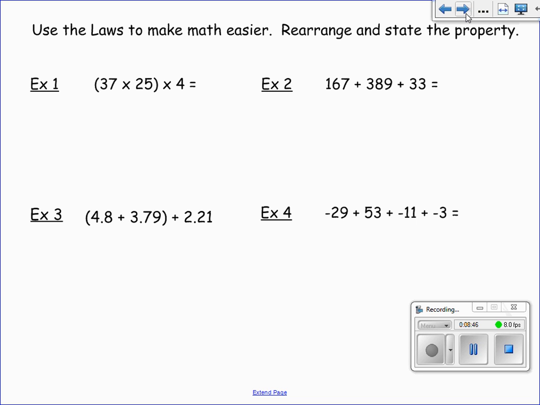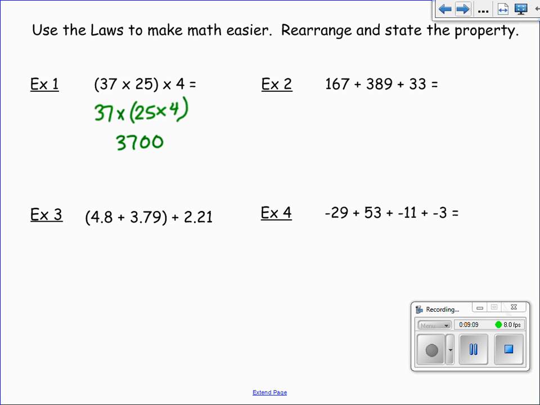Luke. Switch 37 and switch 4 and move parentheses. Move the parentheses. What do you want me to put the parentheses around? 25 and 4. And why is that good, Luke? Because that gives you 100 and then 37 and 100.